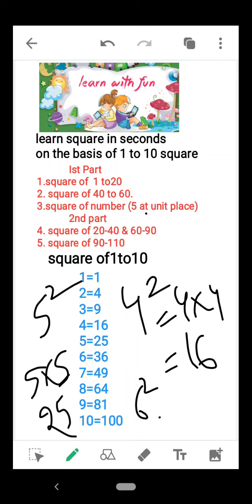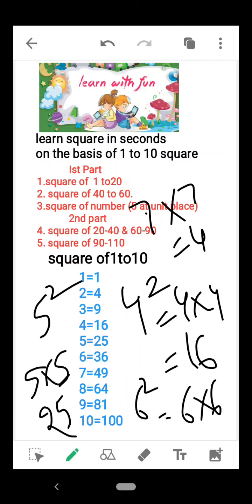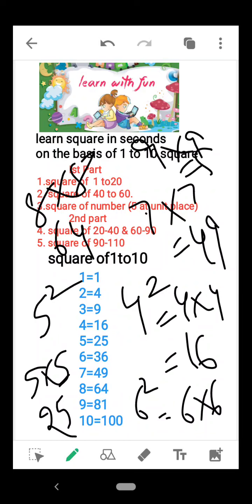Squaring of 6, 6 into 6 is 36. 7 into 7 is 49, so squaring of 7 is 49. 8 into 8 is 64, so squaring of 8 is 64. 9 into 9 is 81, so squaring of 9 is 81. You have to learn these squares before going further.